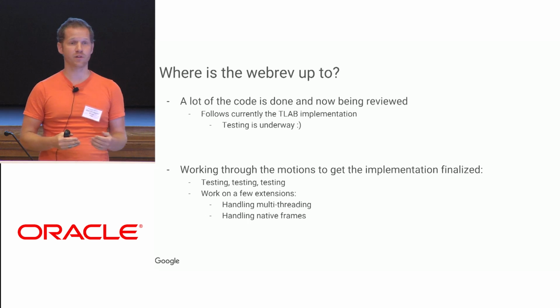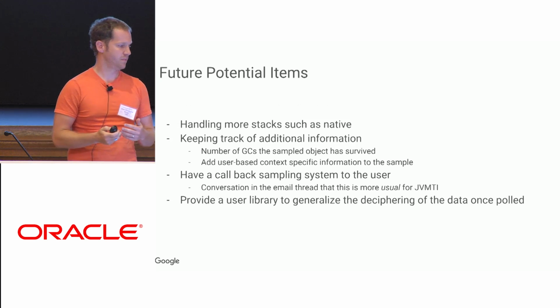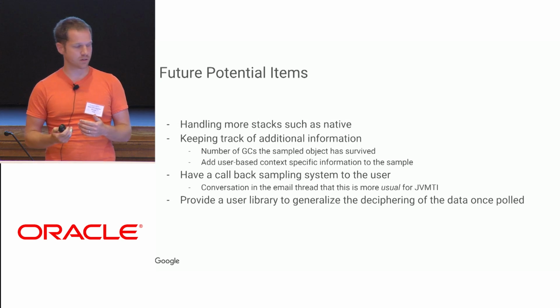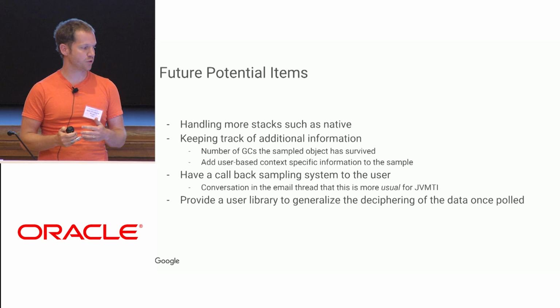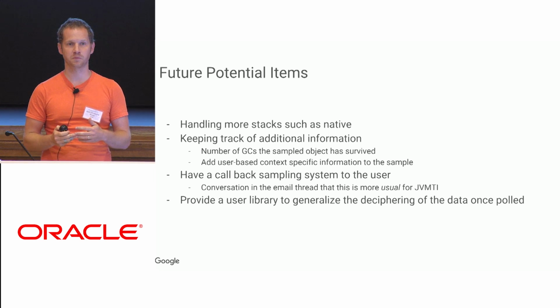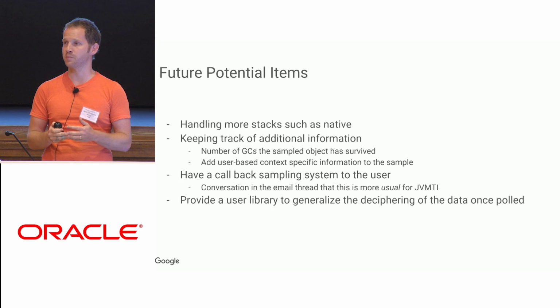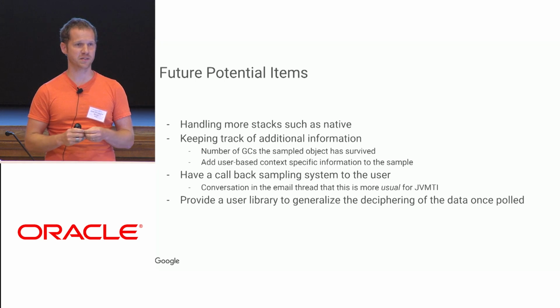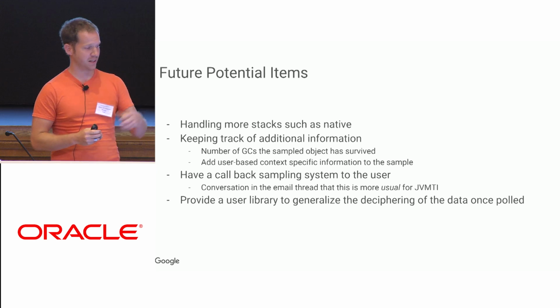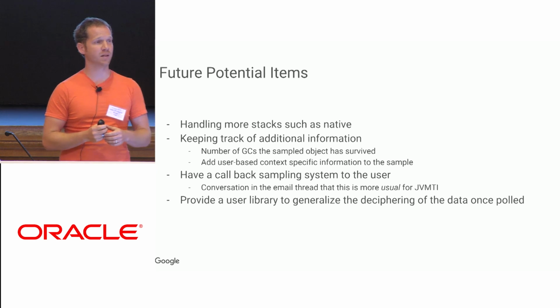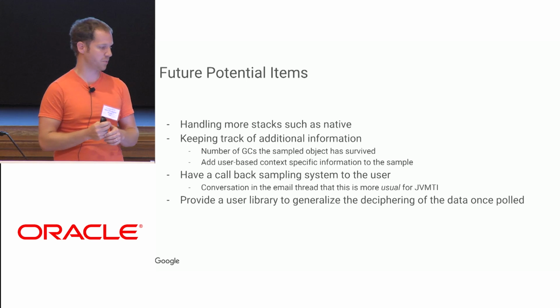Handling native frames is something that we'd like to have. I say future potential items because I don't want to force myself into a corner, and I don't want to force people to accept things. The potential is there to keep me safe. It's handling more stacks, such as the natives, and making sure that we actually get those because they're important.